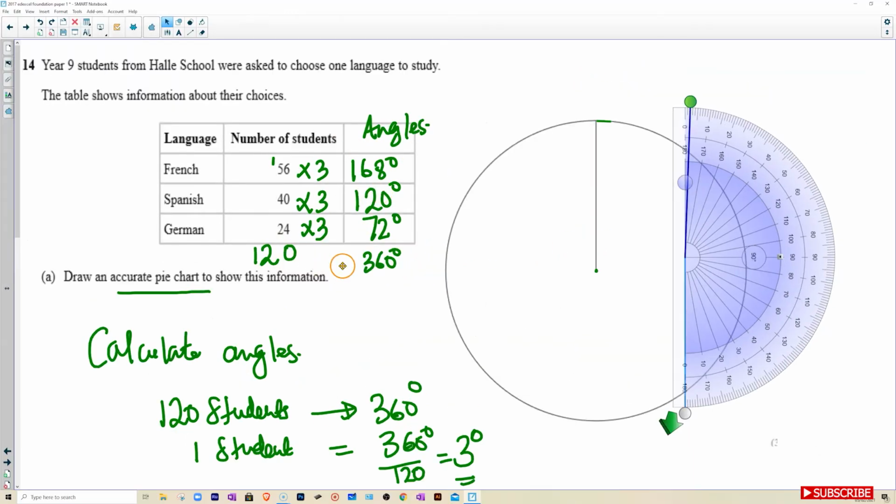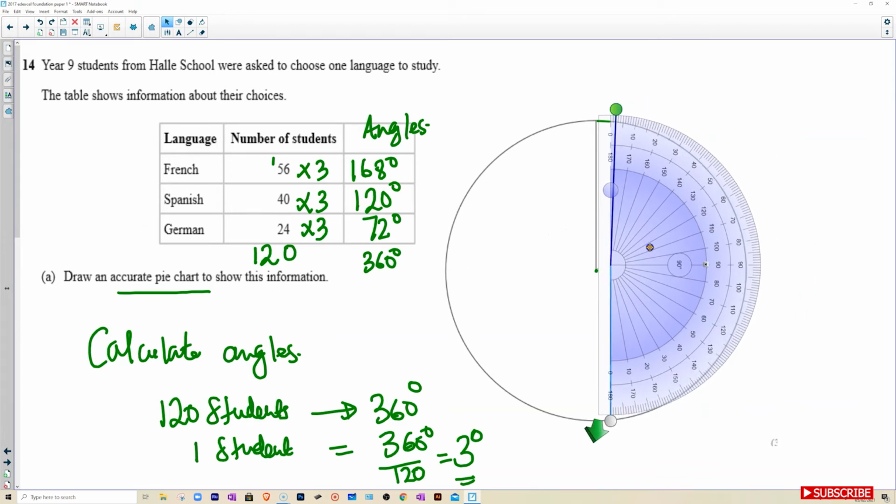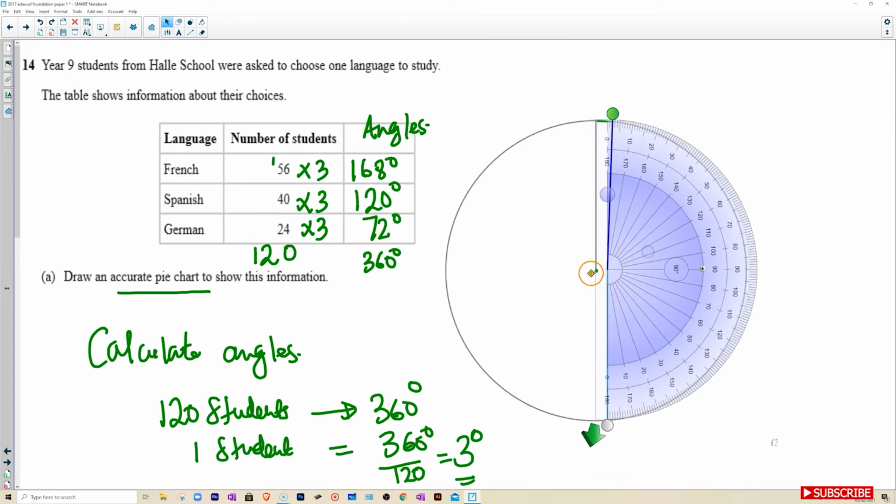So now I'm going to draw my pie chart. You must have a guideline. If your exam paper doesn't have this line, you need to draw at least one line to start drawing. Okay, now I've got the line. I can take my protractor and line up this middle part with this middle part here.